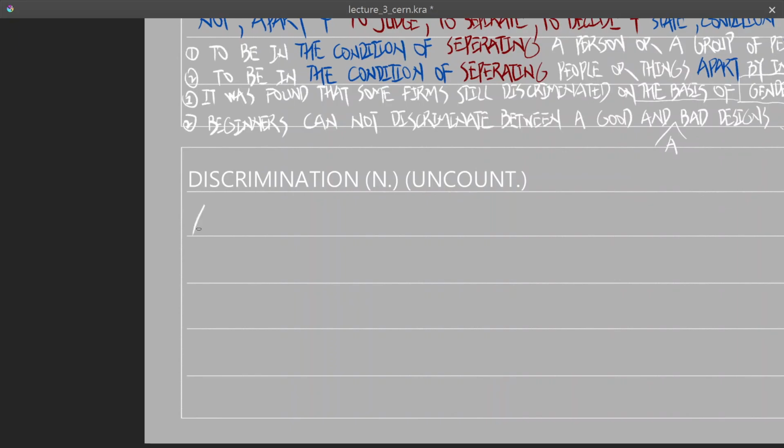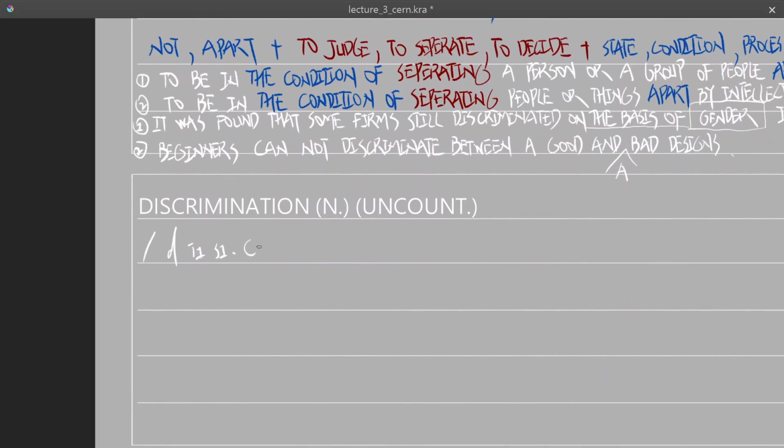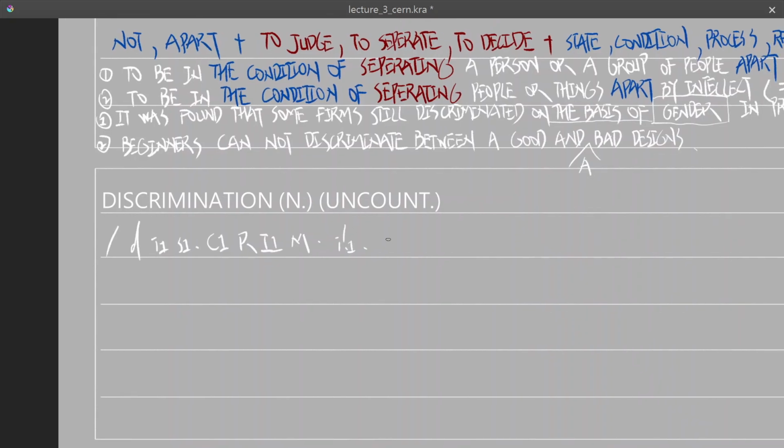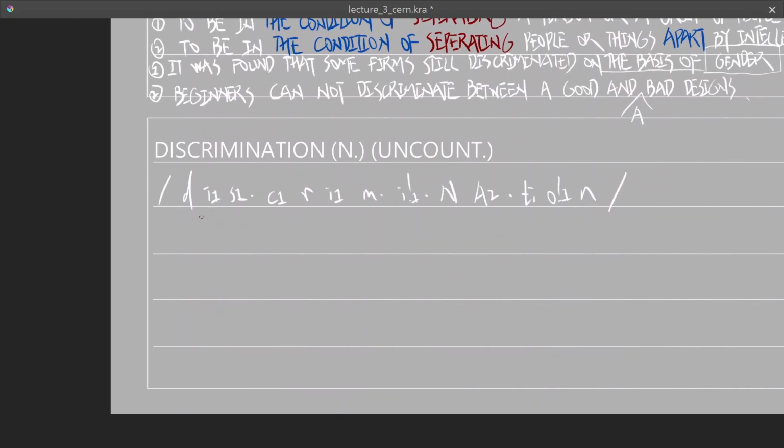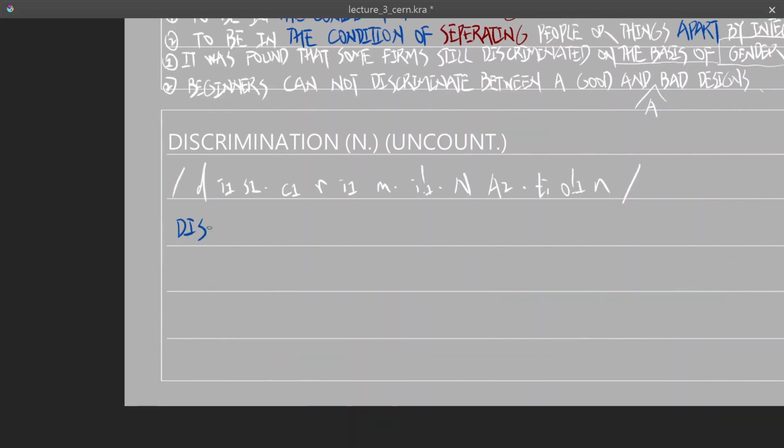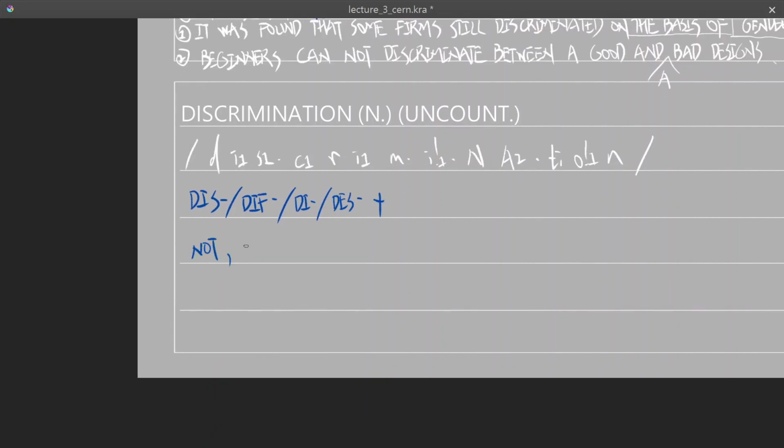Discrimination. Right, discrimination. Then we have the prefix dis, meaning not or apart.